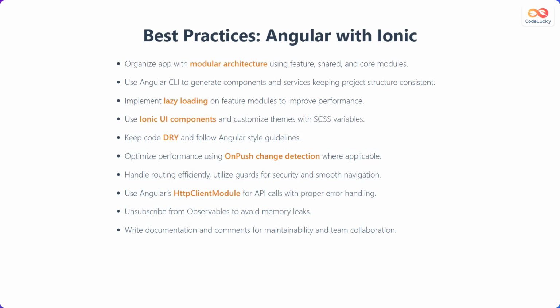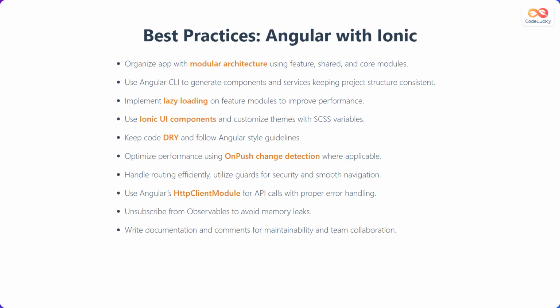For effective development with Angular and Ionic, organize your application into modular architecture with clearly separated feature, shared, and core modules. Utilize Angular CLI commands to generate components and services to maintain consistent project structure. Implement lazy loading on feature modules to enhance performance by loading code only when needed.